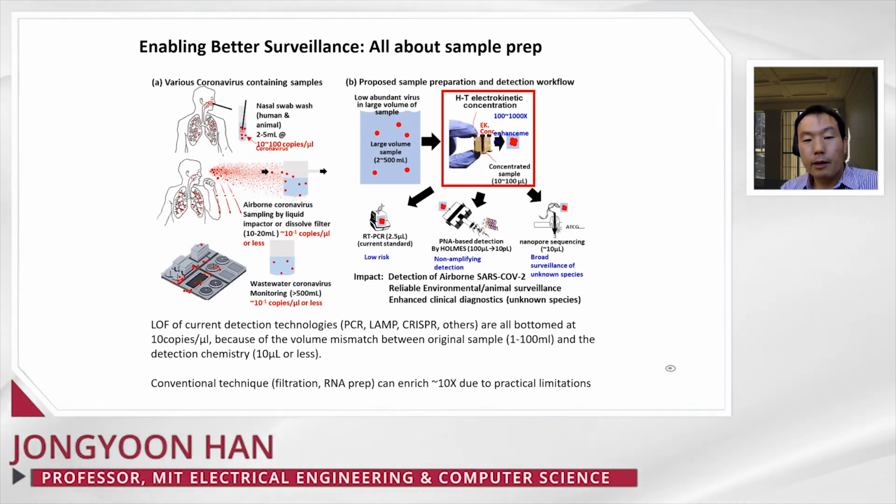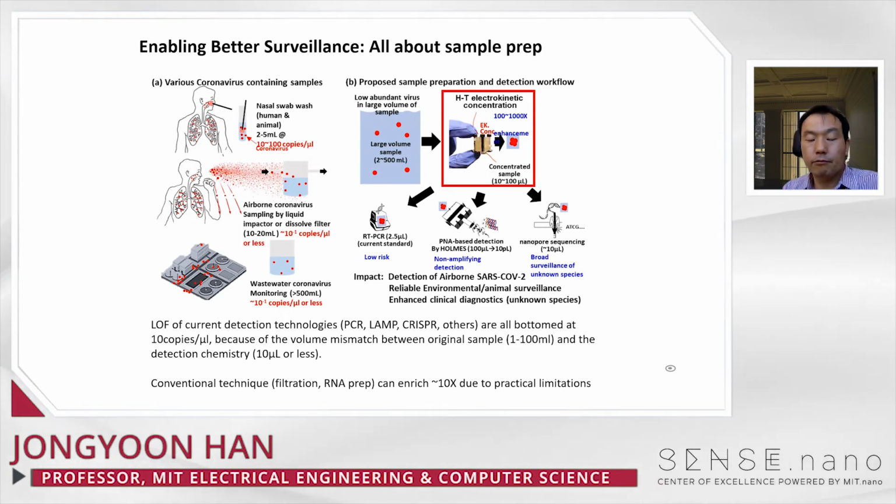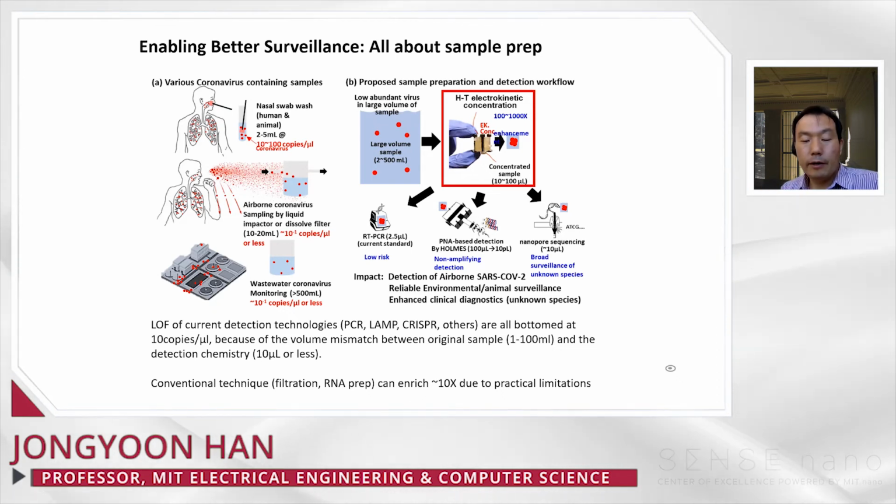Now, if you think about airborne detection, airborne samples can be collected into a much larger volume by a technology called a liquid impactor. And the virus copies in that volume are much lower, typically about 0.1 or less per microliter. So if you take a microliter of that liquid, there's no way you can detect those viruses.